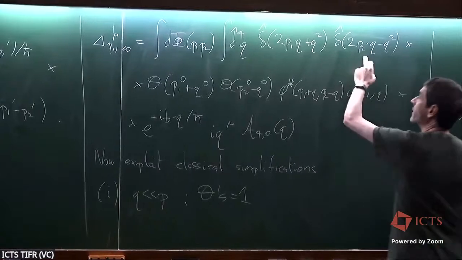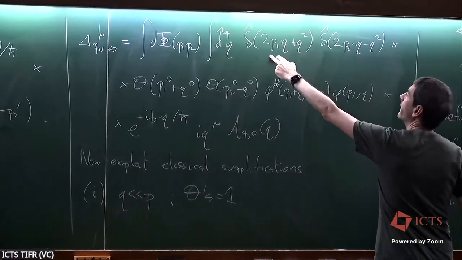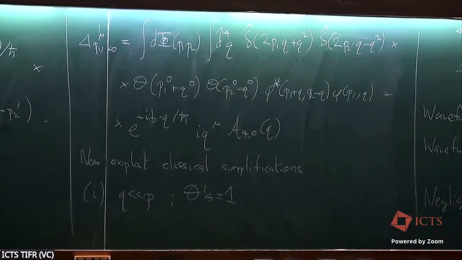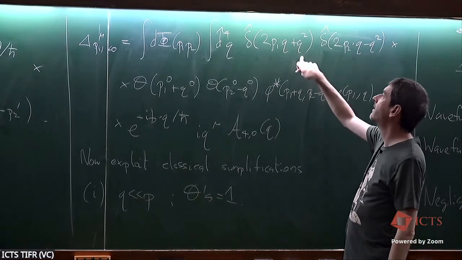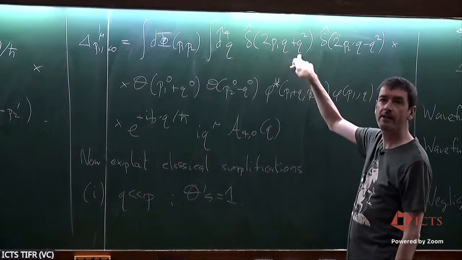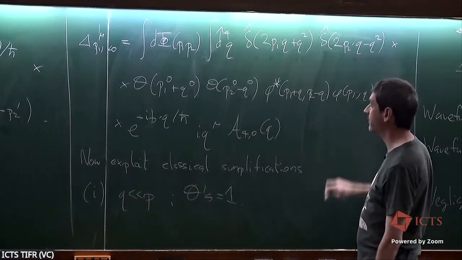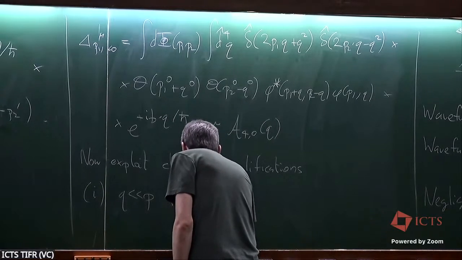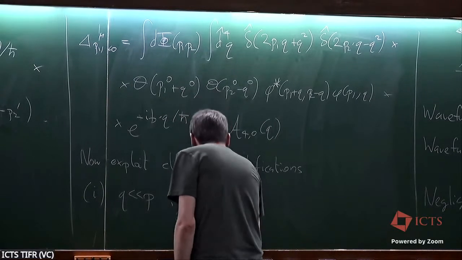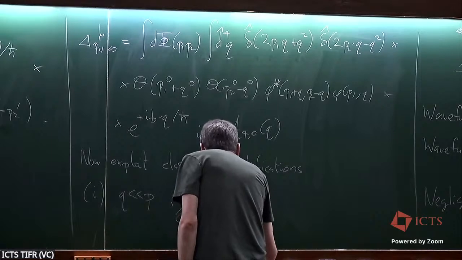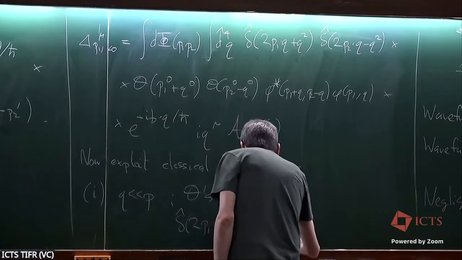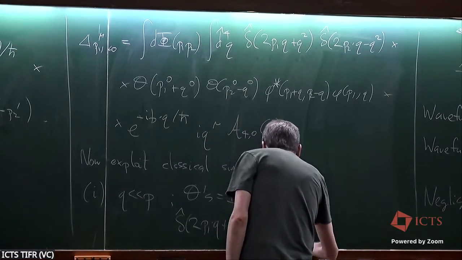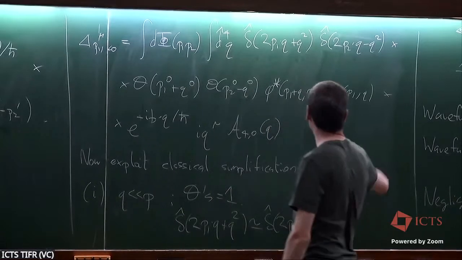Similarly, in these delta functions, the Q squared term here is very much suppressed compared to the P dot Q. There's a P dot Q here, and a Q squared. Q is small compared to P, so I'll neglect the Q squared in these delta functions. So I'm going to write delta of 2P1 dot Q plus Q squared is approximately delta of 2P1 dot Q. And similarly for P2.